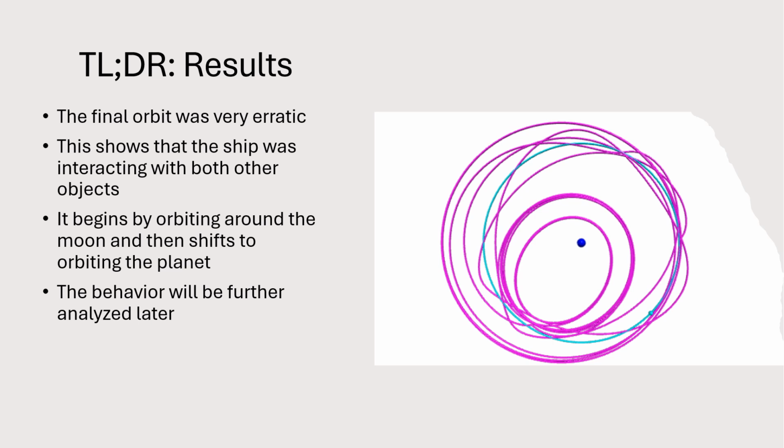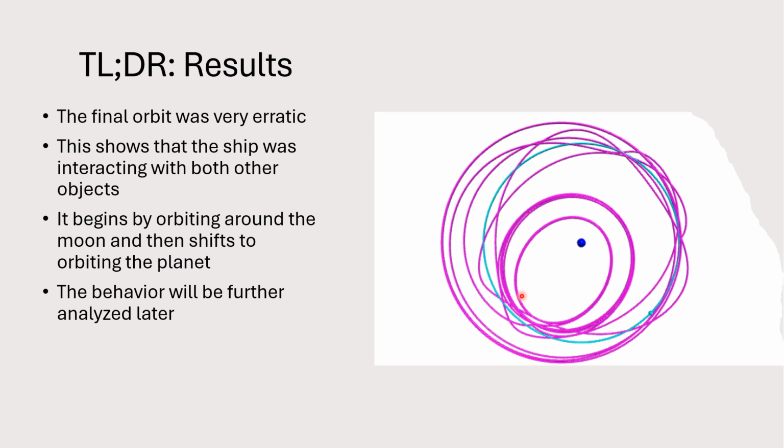But for part two, the final orbit of the three bodies was pretty erratic. This is the planet in the center, and then the moon is this teal orbit, and then the spaceship is the magenta orbit. And the ship was indeed interacting with both objects, as you can see, because if it was just interacting with the planet, it would be a simple elliptical orbit, and if it was just interacting with the moon, it would kind of spiral around it like that.